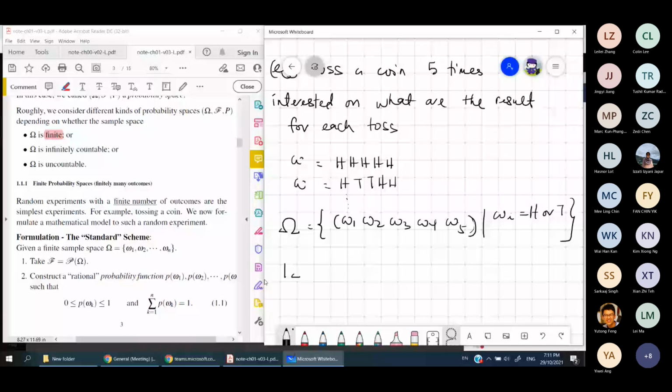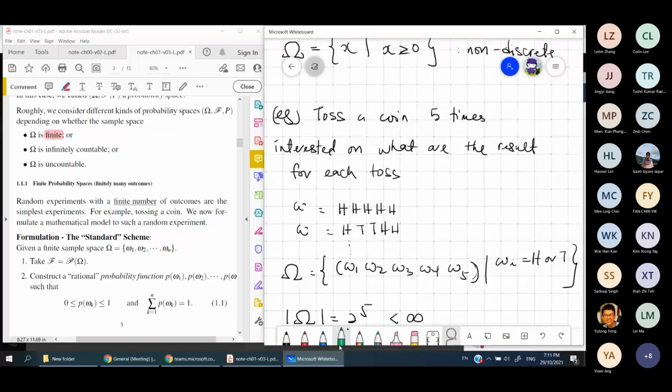For sure, this is finite because it's always less than infinity. So in this case, this is a finite one. Even if you change this to 1,000, the number of possible outcomes is just 2 power of 1,000. Although it's a large number, it is still finite. So we consider this a finite case, right?